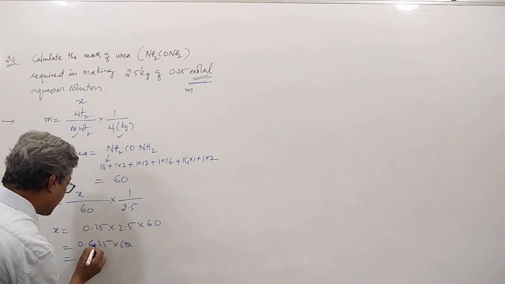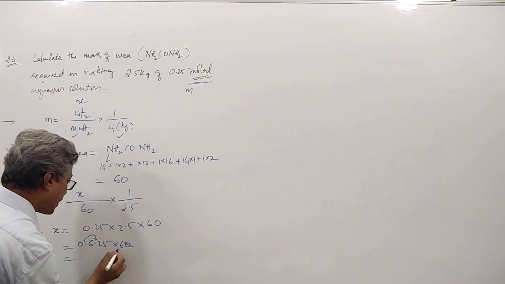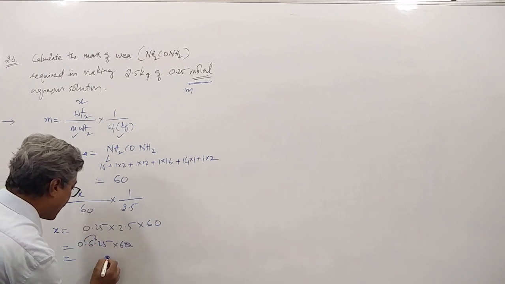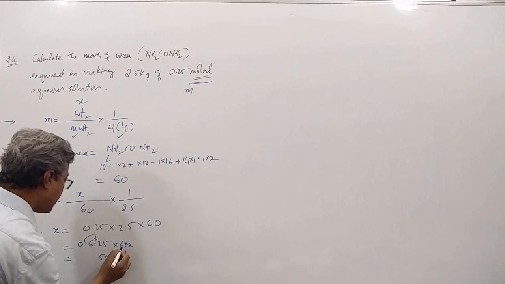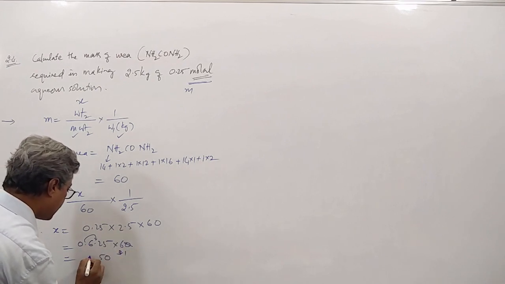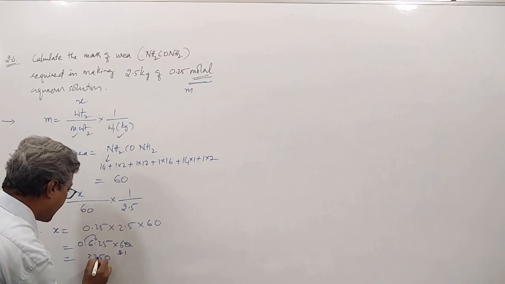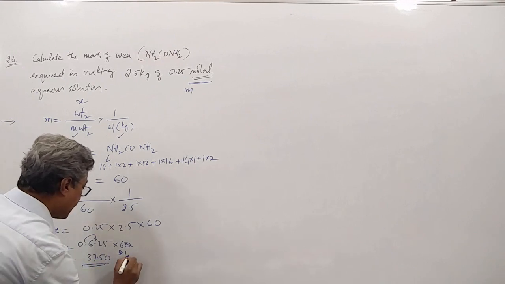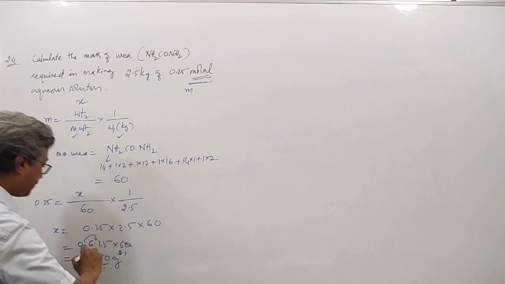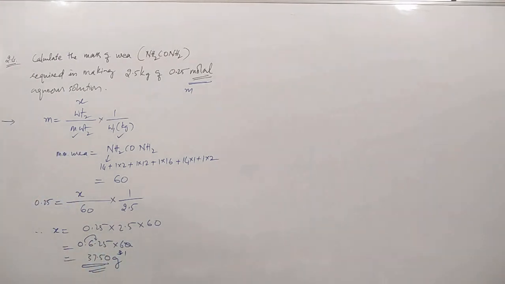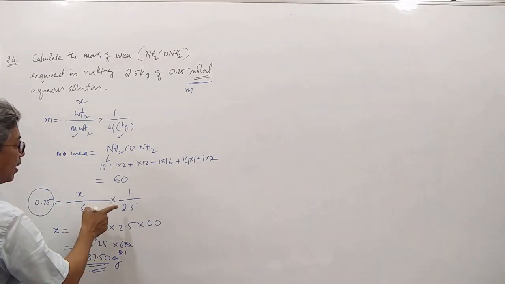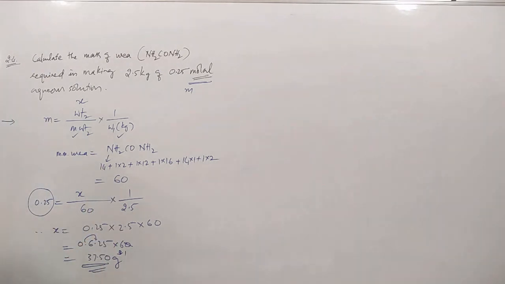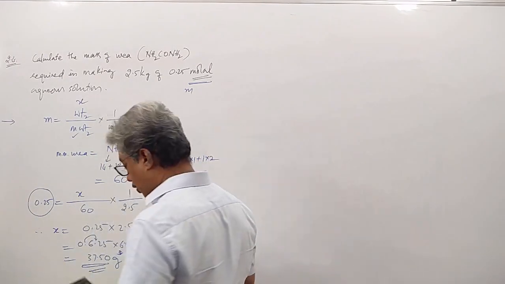If you remove this, the decimal will be here. Now 6 5s are 30, 3, 12, 15, then 36, 37. Decimal will be here. Okay. It means that 37.5 gram of urea is required to prepare 0.25 molal, 2.5 kg solution. Clear, students? Okay. Next, let's go for another problem.